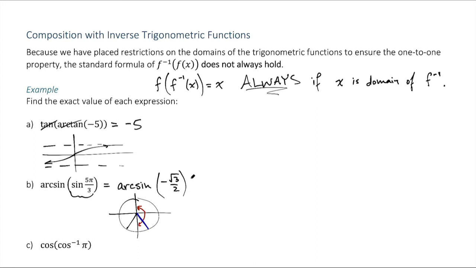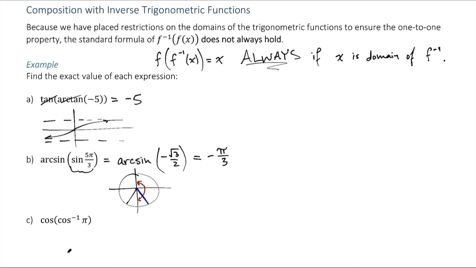And that's no accident. So here I've got that angle, which is coterminal with 5 pi over 3, down here, between -pi over 2 and pi over 2, is -pi over 3. Okay, so you can see then that the inverse outside with the function inside, those don't just cancel out. We have to do a little bit of work.